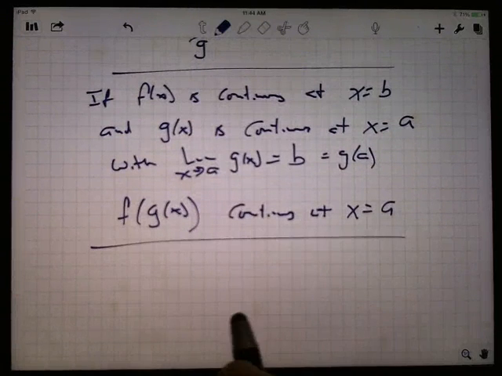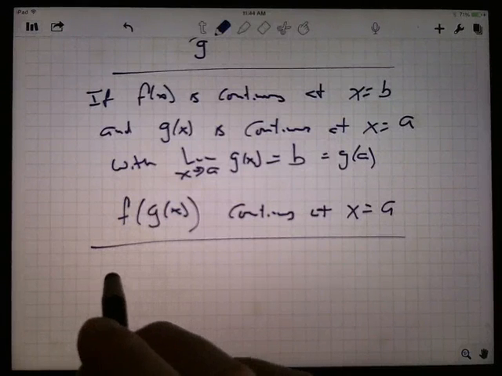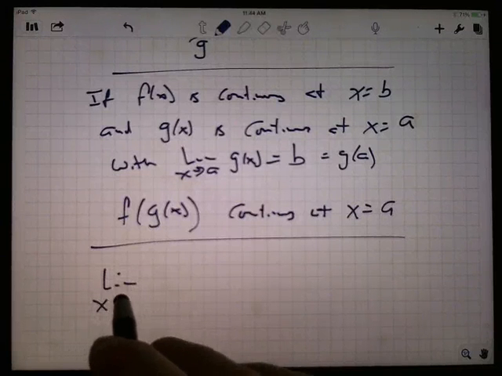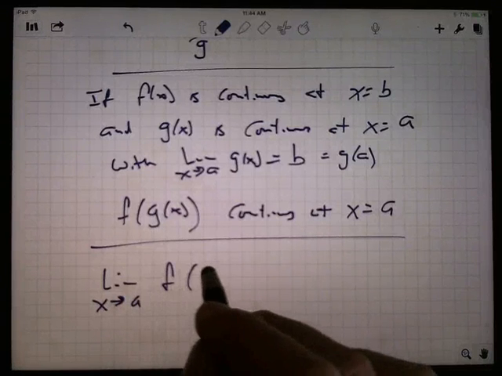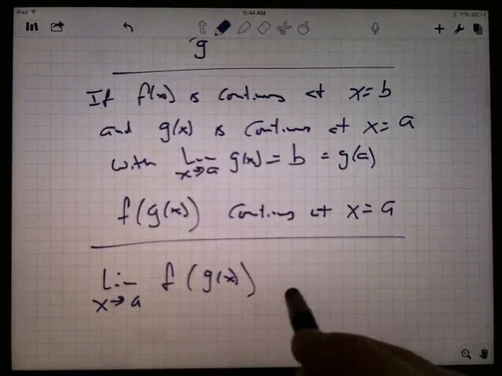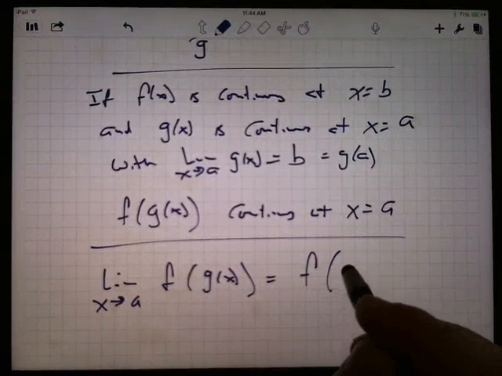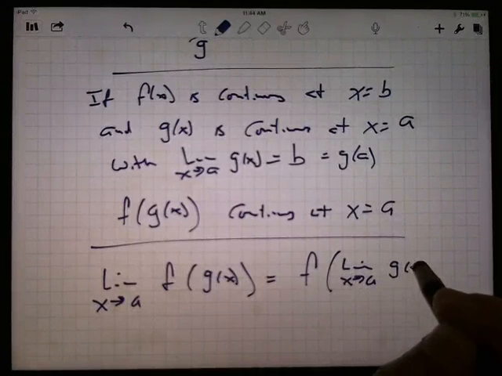There's also the matter that you don't necessarily need both of these to be continuous. If I look at the limit as x goes to a of f of g of x, I can say that's equal to f of the limit as x goes to a of g of x.